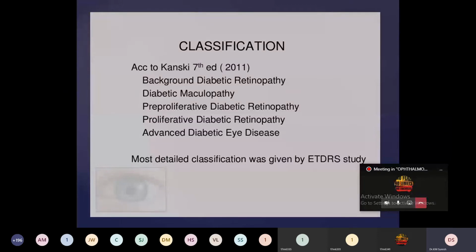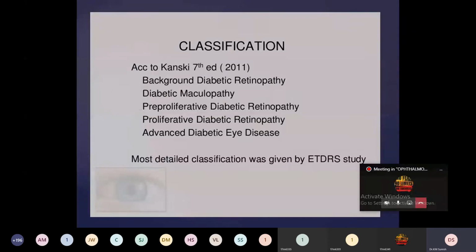Then you have diabetic maculopathy, wherein the changes are exclusively in the macula causing dimness of vision. Background diabetic retinopathy per se cannot cause dimness of vision, while diabetic maculopathy can cause gross loss of vision. Then you have pre-proliferative diabetic retinopathy and proliferative diabetic retinopathy.